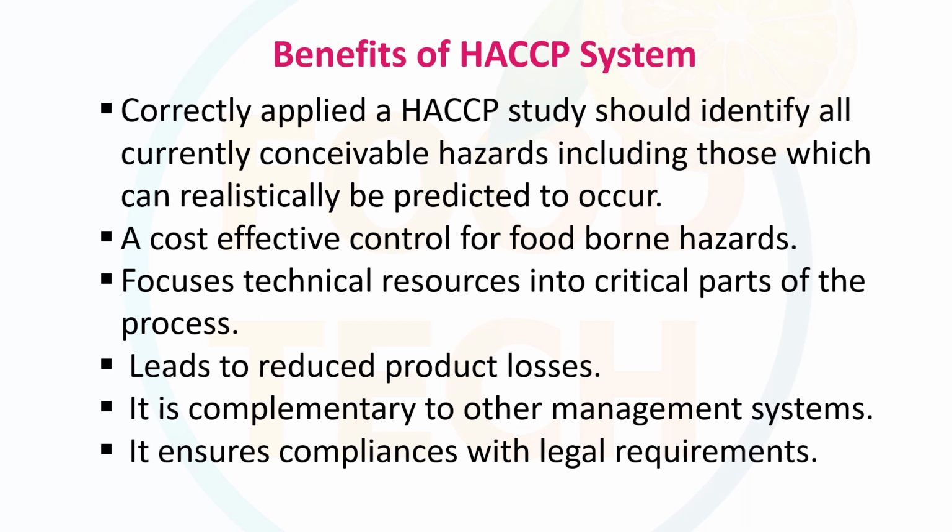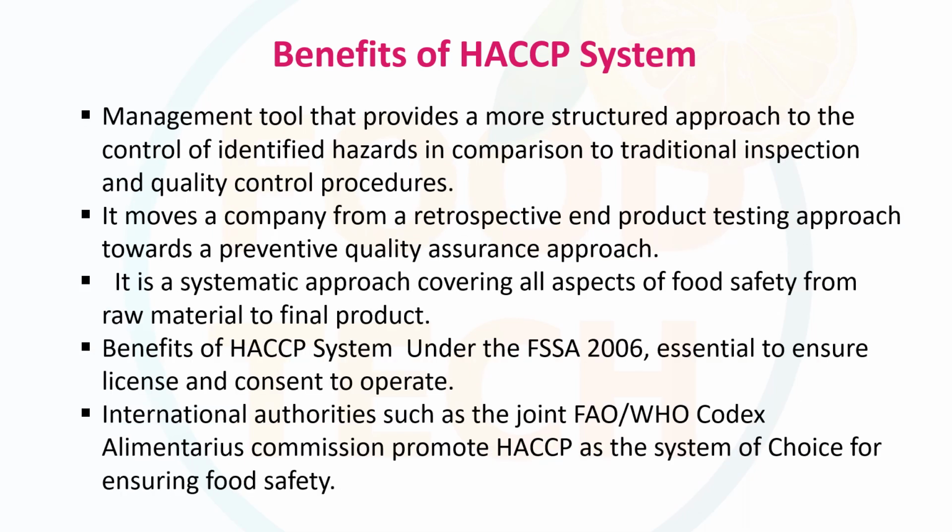We can also reduce the loss of product, which ultimately gives you profit. It also gives you the best product, and helps you go hand in hand with the legal requirements set up by the government or governing body, like FSSAI. So these are some of the benefits of the HACCP system.